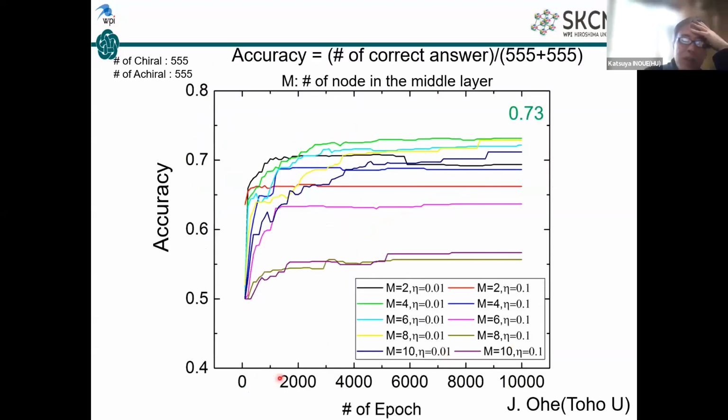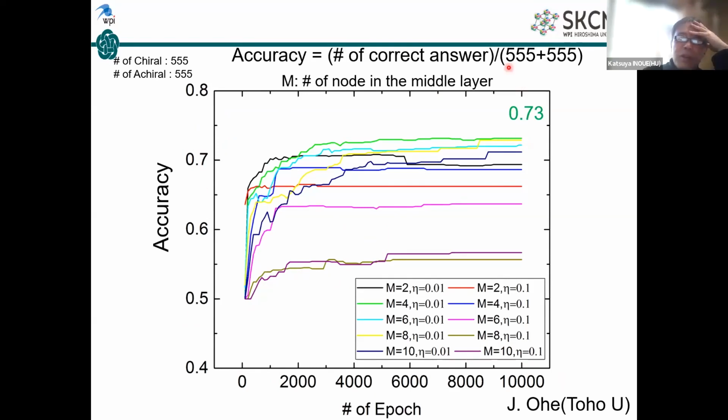This is the number of teacher data, 10,000 teacher data, and here is the accuracy in finding the chiral crystal. If we increase the number of teacher data to 10,000, finally we get 73%. We can expect chiral or non-chiral, meaning central symmetry.